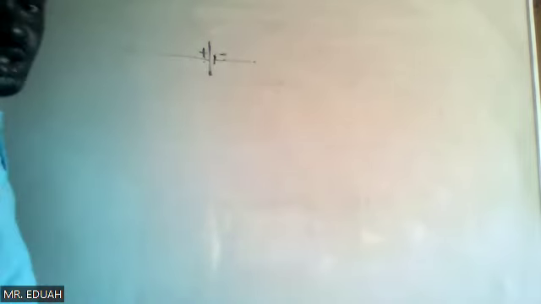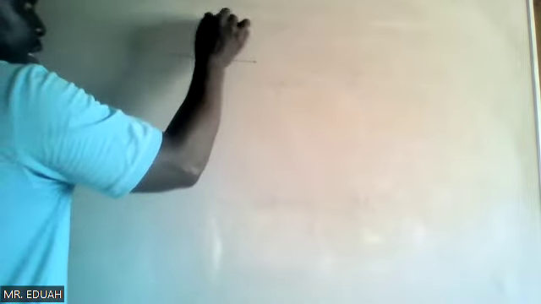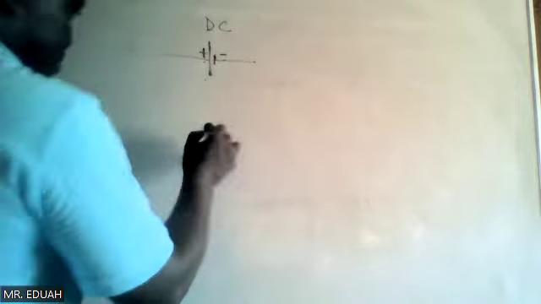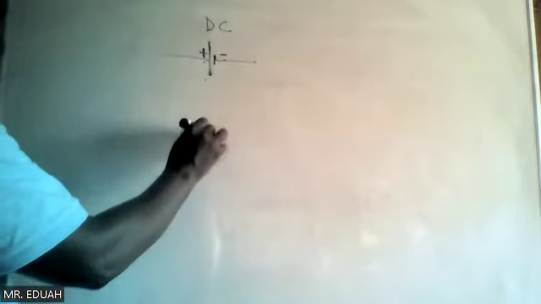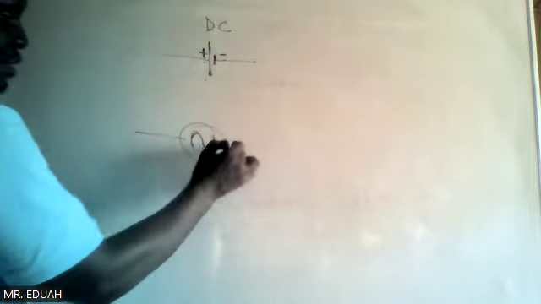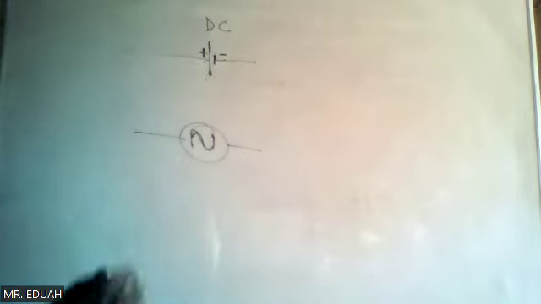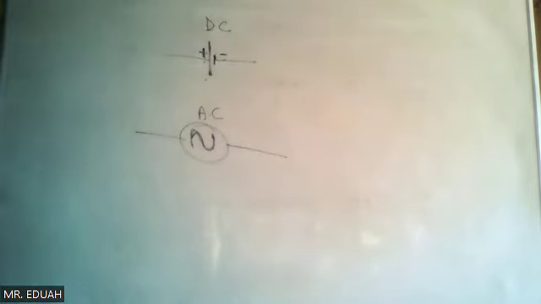For AC, we don't show anything like that. So the moment you see this, the source is DC. AC in a circuit is represented by this and then a sine function. So this is what will tell you that this source is AC.